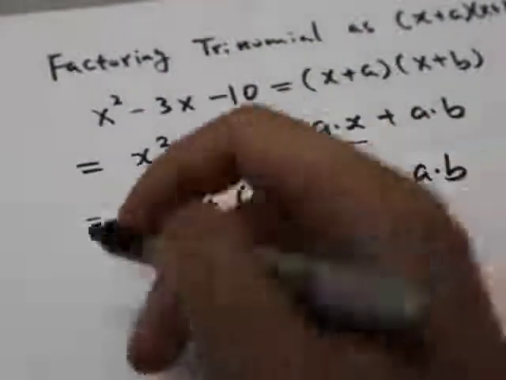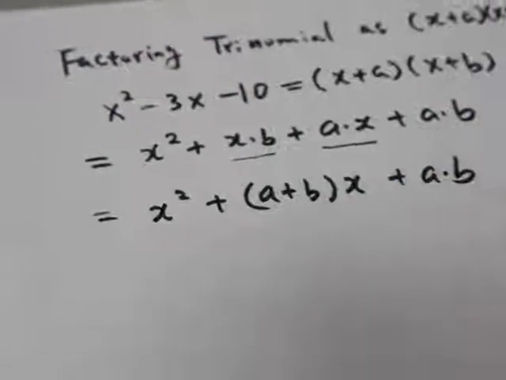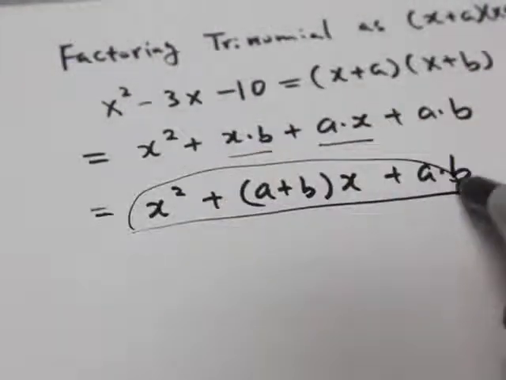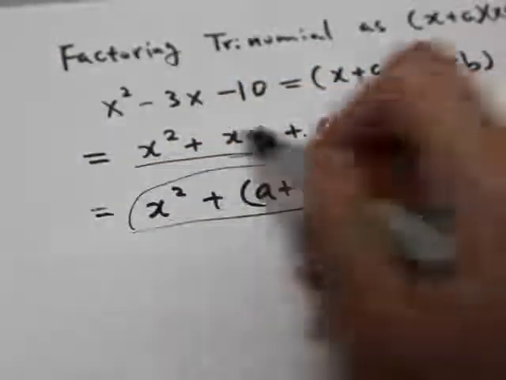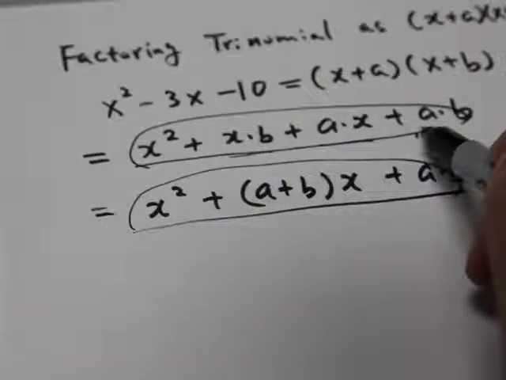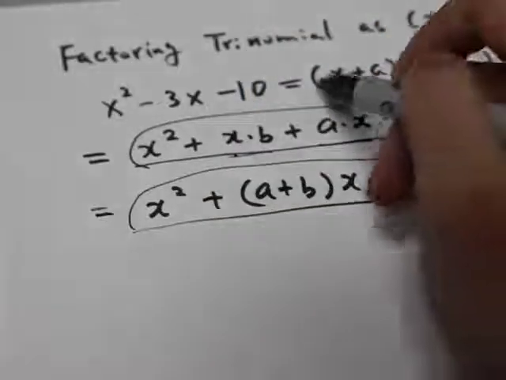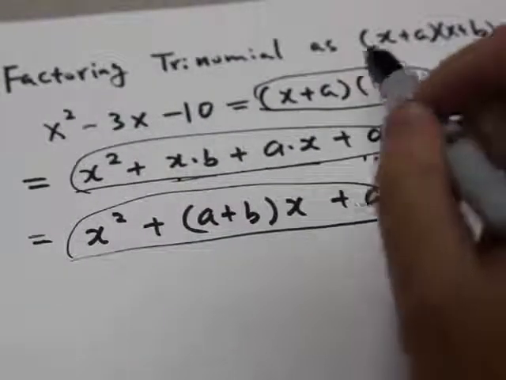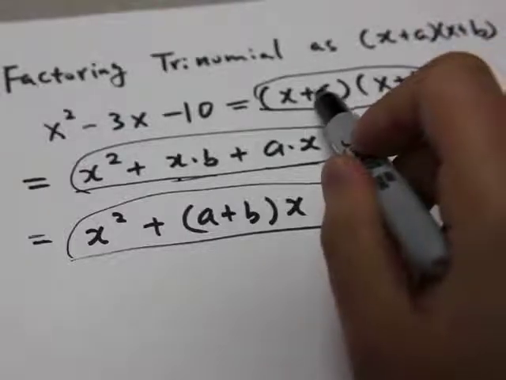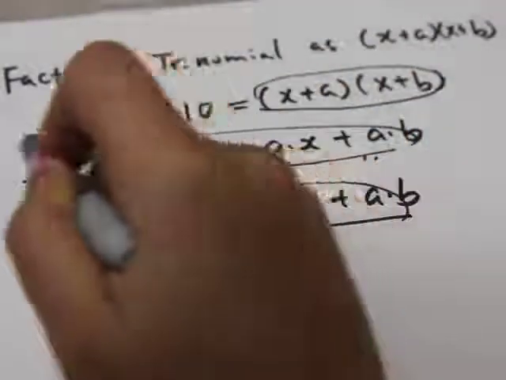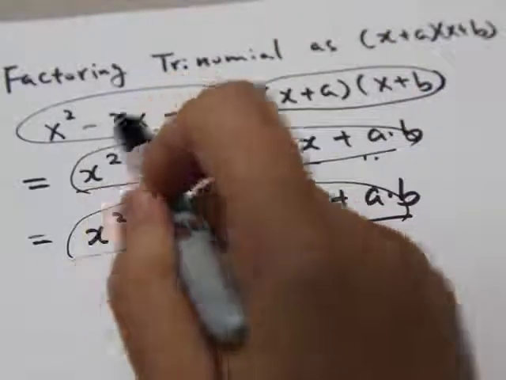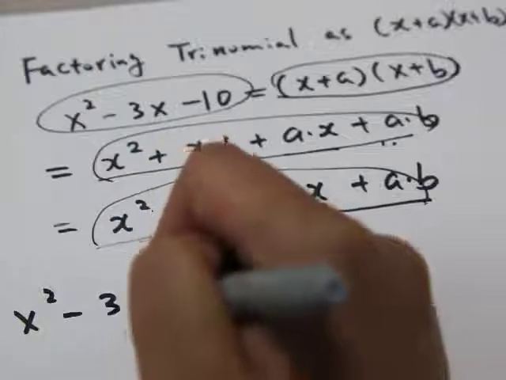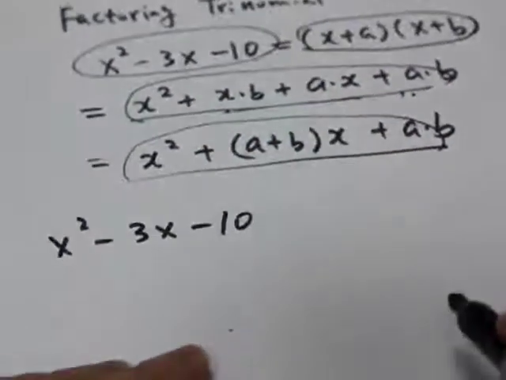Okay, so from this, what can we see? We know this expression is going to be equal to the product of these two binomials, right? And since we assume the product of these two binomials equals our original trinomial, we can have this conclusion.